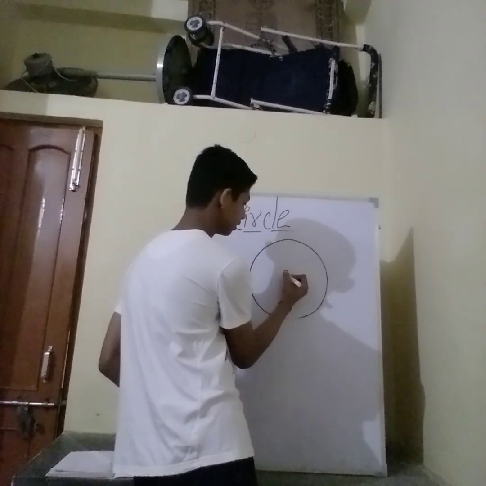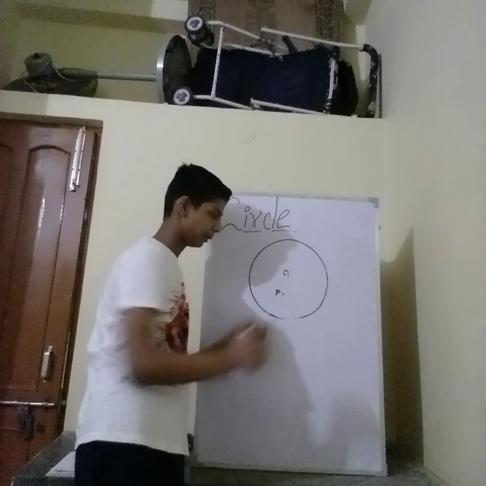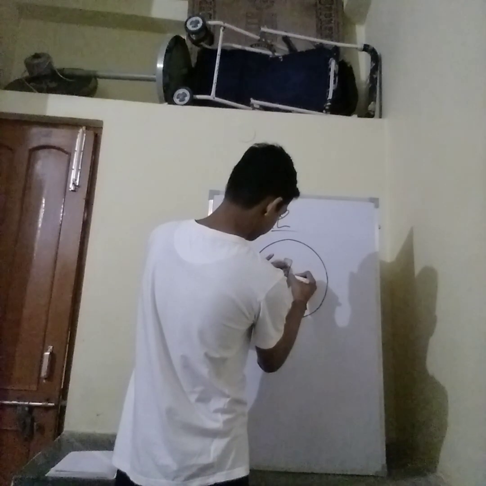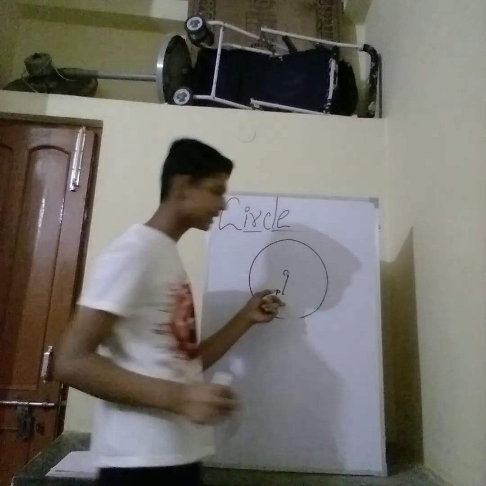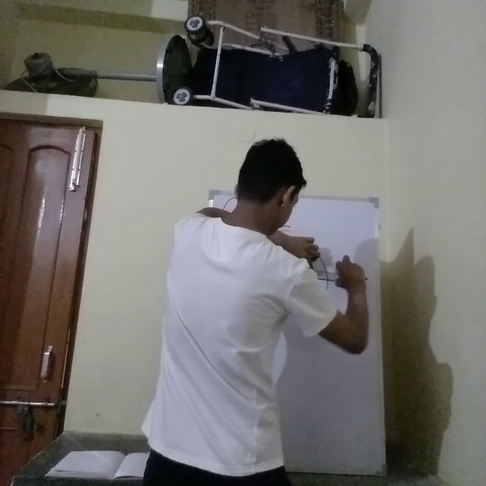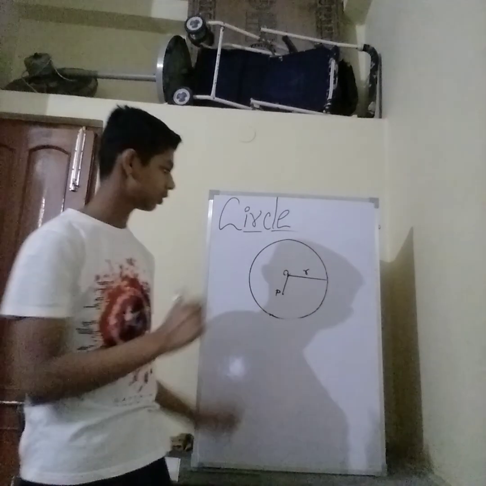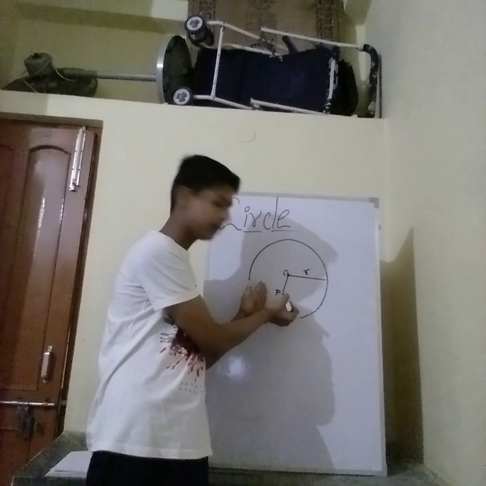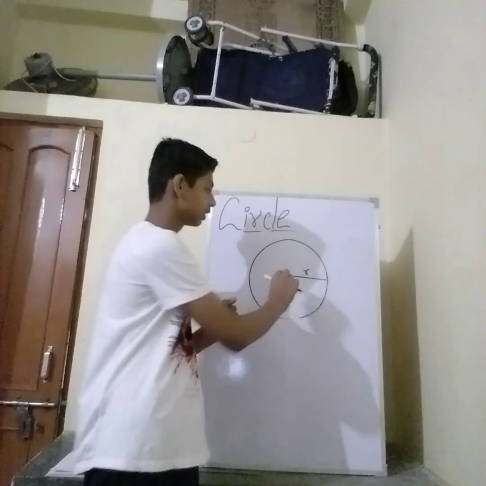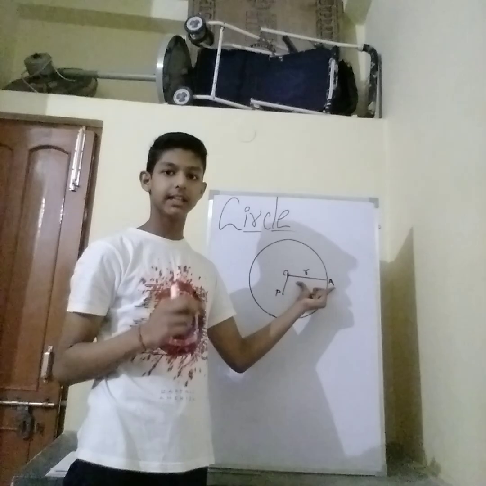Suppose there is a point P here, and this line is called OP, and this is the radius OA.